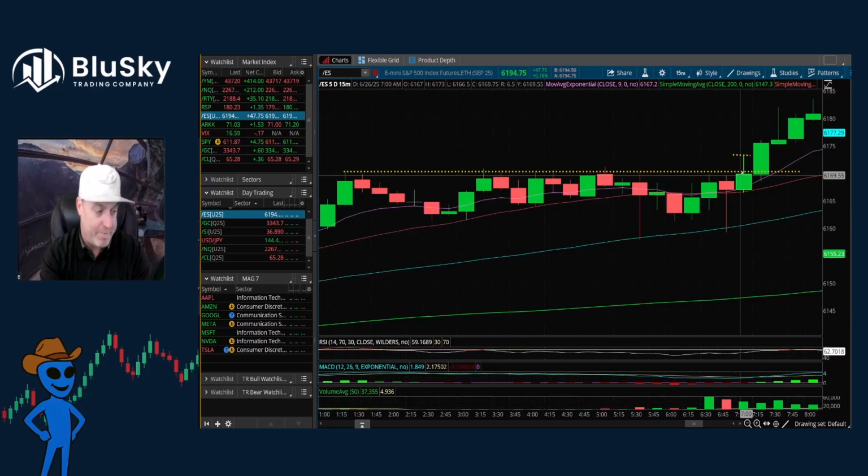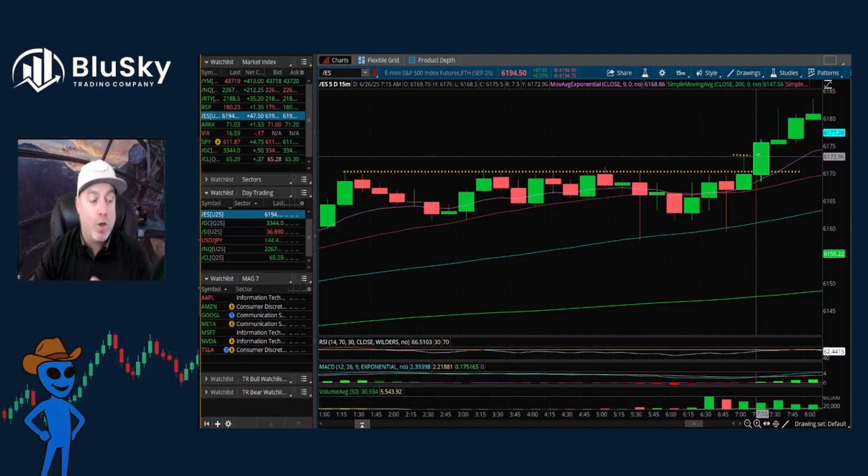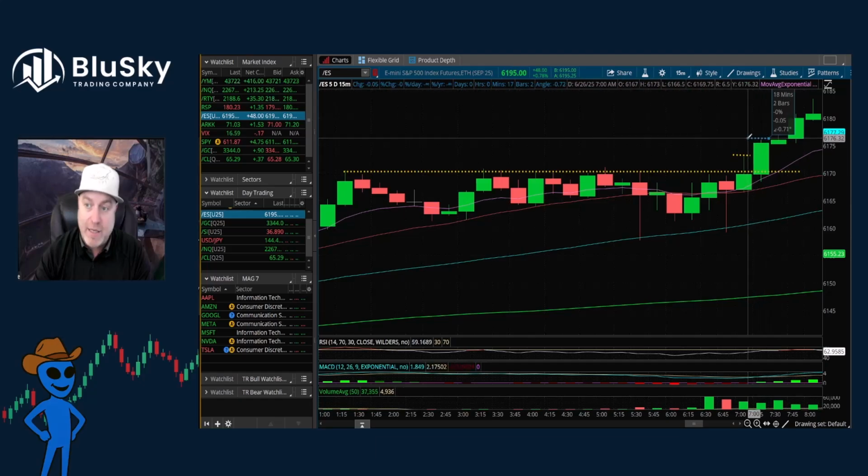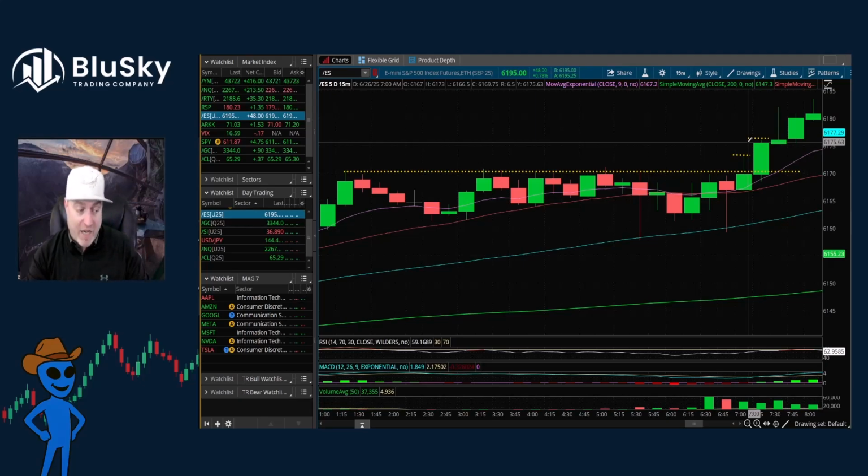Whereas the conservative trader will allow the candle to close above resistance and then trigger in above the candle high on the confirmation itself. Either way is fine. But which one are you guys?